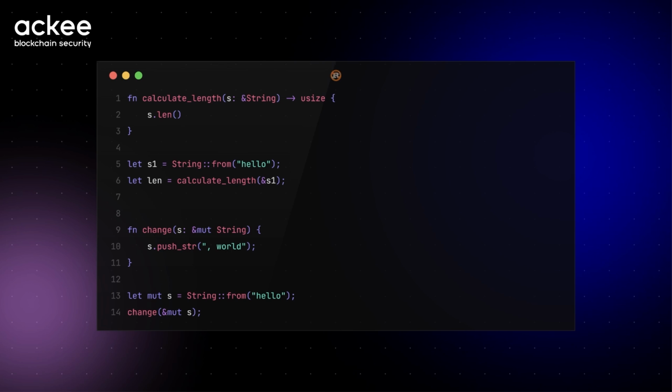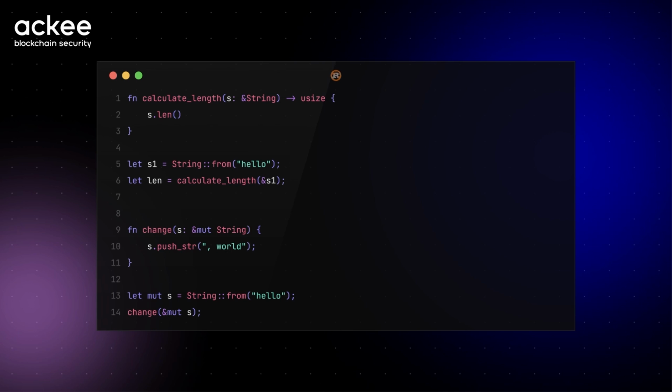It accepts a string, but notice that we have the ampersand before the string, and it returns usize, which is a primitive data type. It stands for the pointer-sized unsigned integer type, but it is not important for this example. Just understand that we are returning a number.